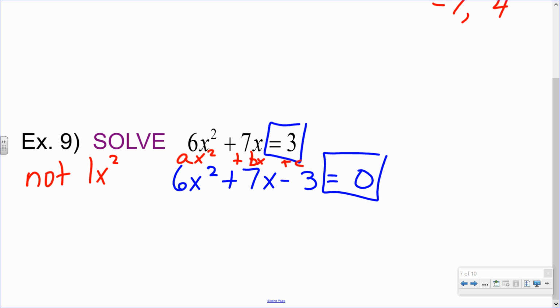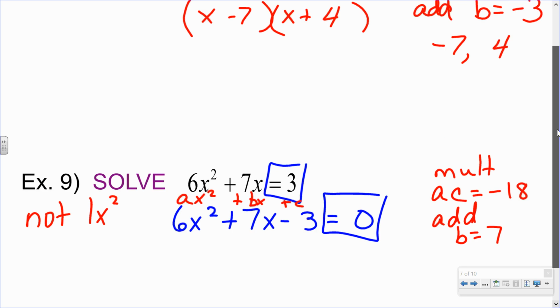Does anybody in here remember what we have to do when it is ax squared plus bx plus c? Maggie, what are you thinking? You have to factor to 6 times... So a times c, which is 6 times -3 or -18, and it still just adds to b, which is 7.